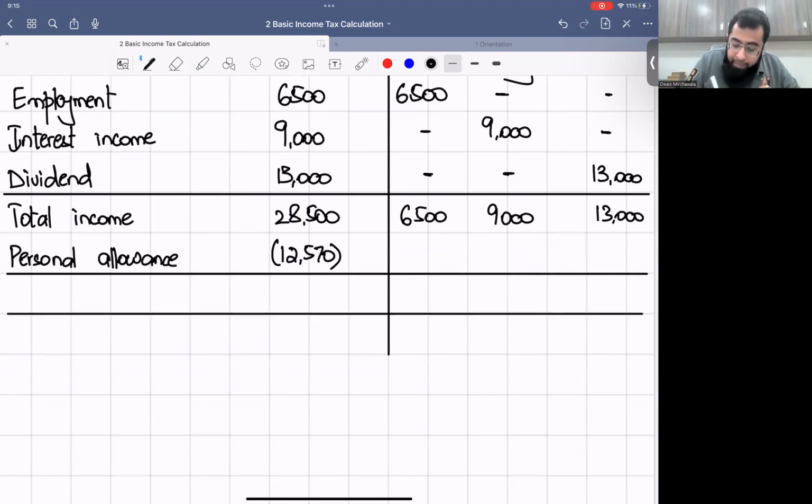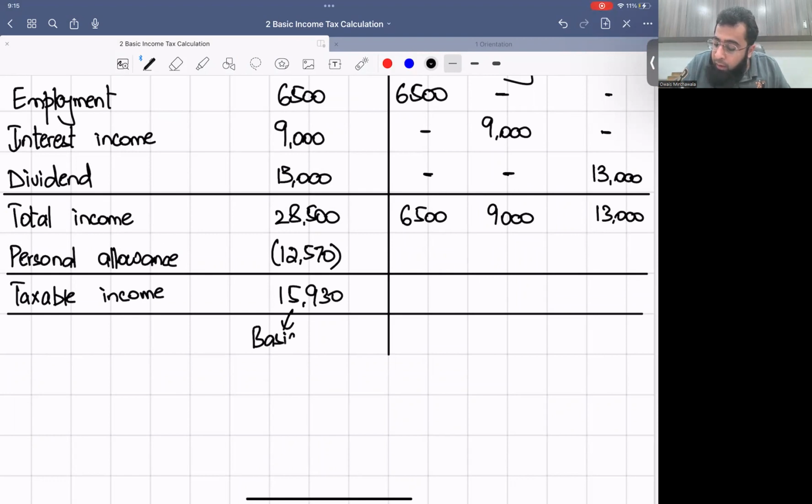Okay. By now, it's just a routine question. Taxable income, 28,500 minus 12,570. So it's 15,930, which means that we are a basic rate taxpayer at total.